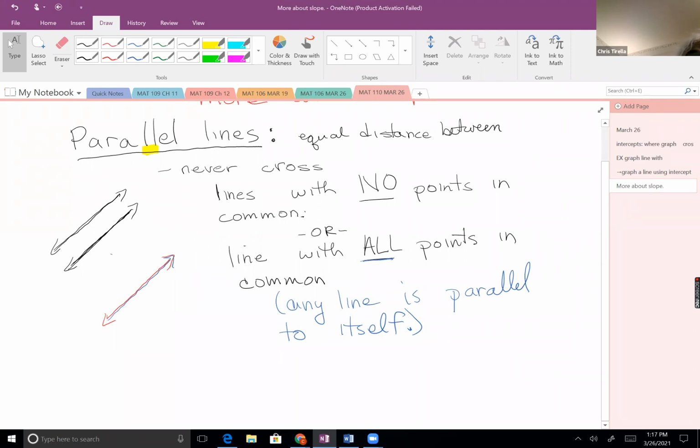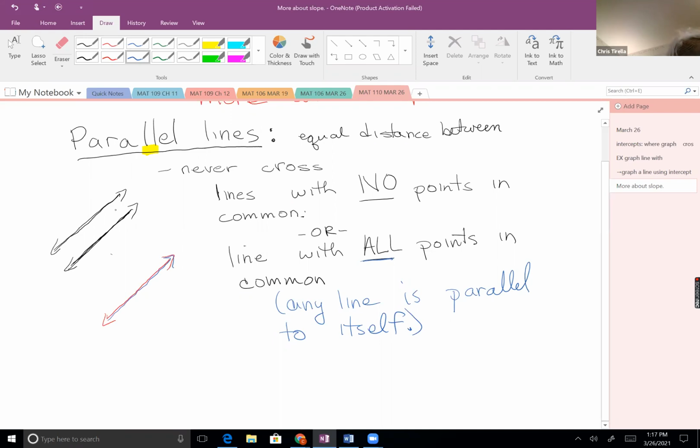Well, if two lines are parallel, either never crossing or always being on top of each other, can't we say that they go in the same direction or they have the same slant?